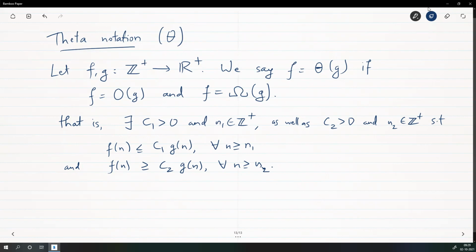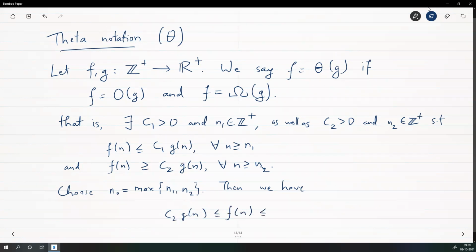But we can do slightly better. What is a better thing? We'll choose N0 to be the maximum of N1 and N2. Then we have both of these inequalities together: C2 g of n is less than or equal to f of n is less than or equal to C1 g of n for all n greater than or equal to N0.